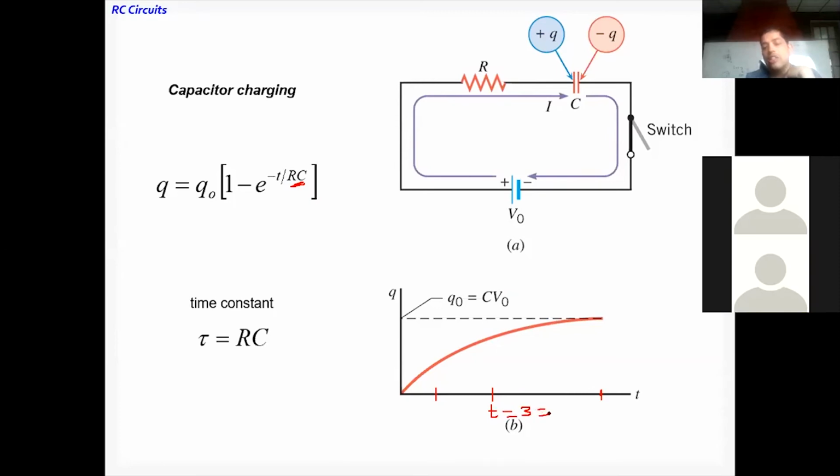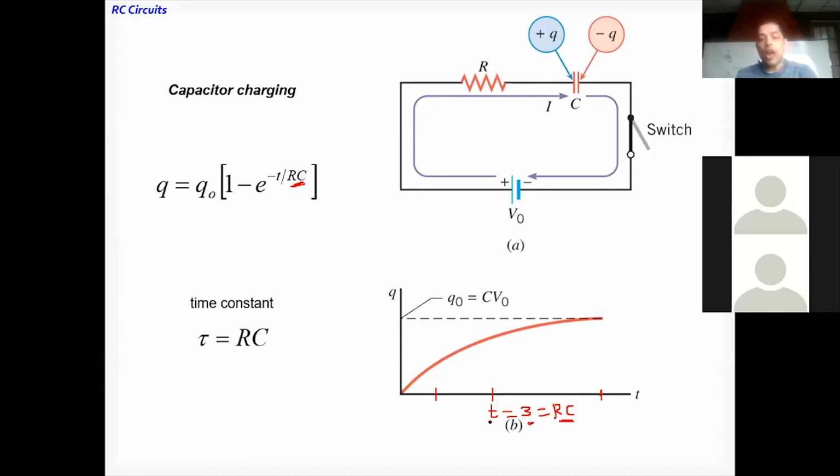Maybe your R is 6 and C is 1/2. Then what is the product of R and C? 3, right? That's what I meant.